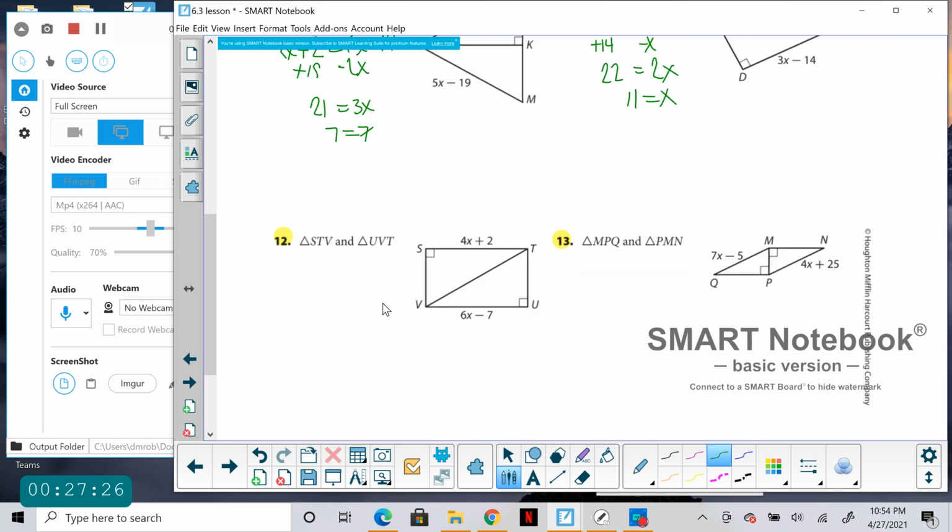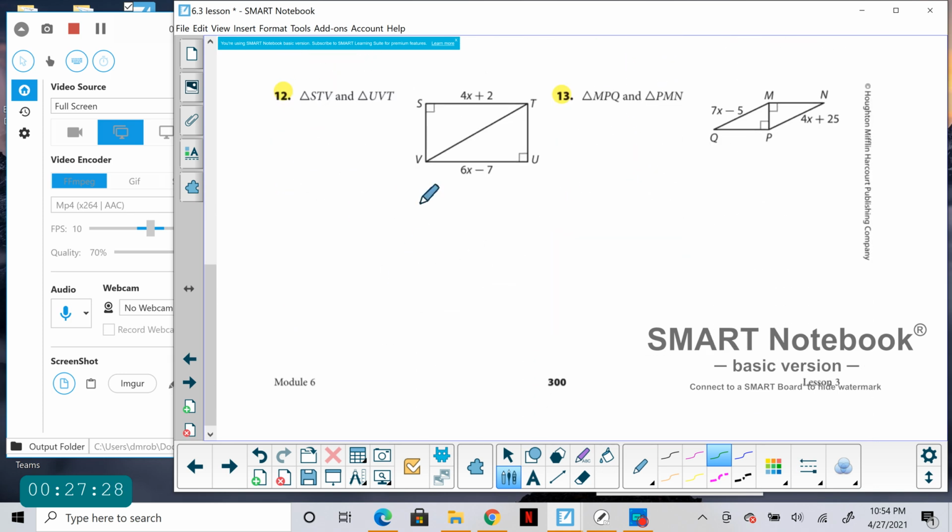And number 12. So we want them to be congruent, so we have 4x plus 2 equal to 6x minus 7. So plus 7 here and minus 4x here. So we have 9 equal to 2x.